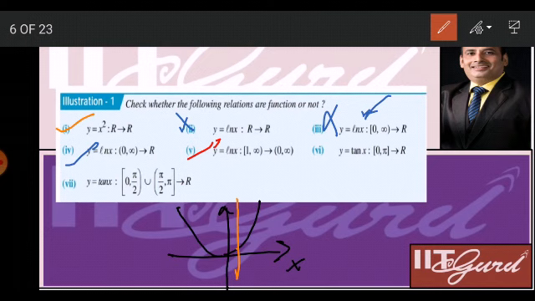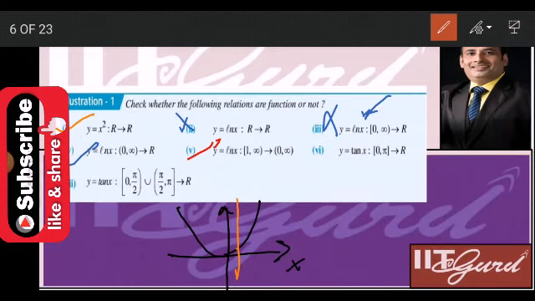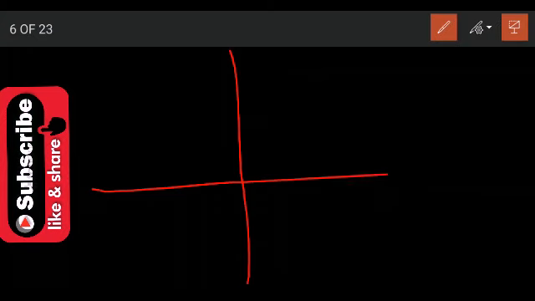This one is correct. Y equal to tan x, 0 to pi to R. If you see tan x, that is 0 to pi to R. So let's draw the graph of tan x, 0 to pi. Here y equal to tan x from 0 to pi to R means the domain is 0 to pi, a closed interval, so we have to draw the graph of tan x between 0 and pi.